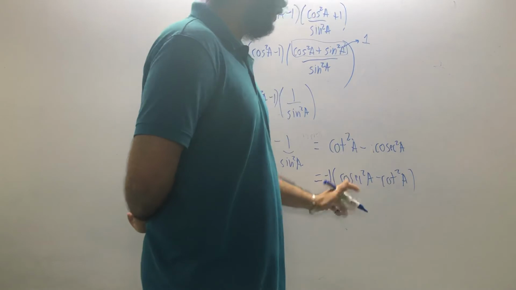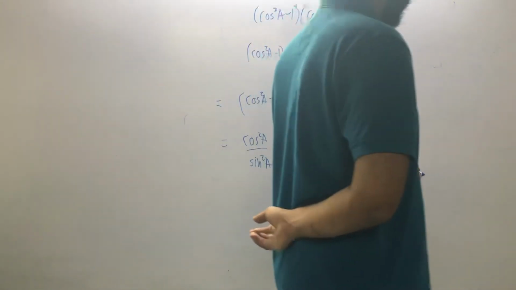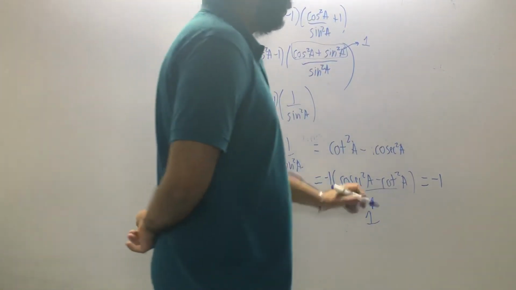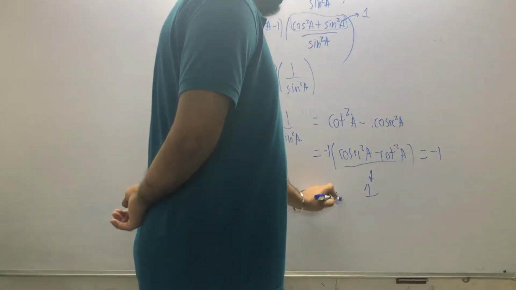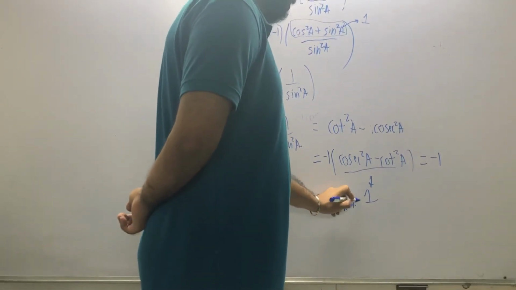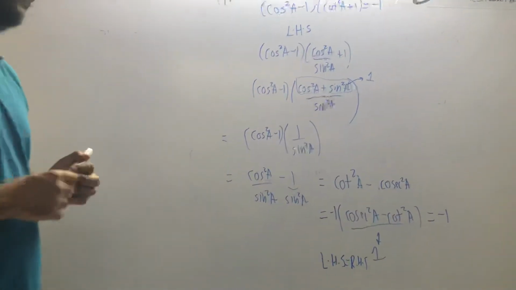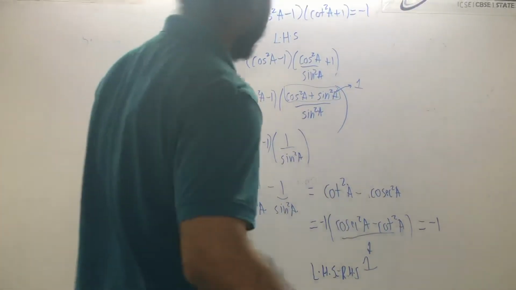Now you can put the value of this as 1. So 1 into minus 1 will be how much? Minus 1. So just write in the end, LHS is equal to RHS. Okay, so hence proved. Both sides are minus 1. Okay, so this was the second part.